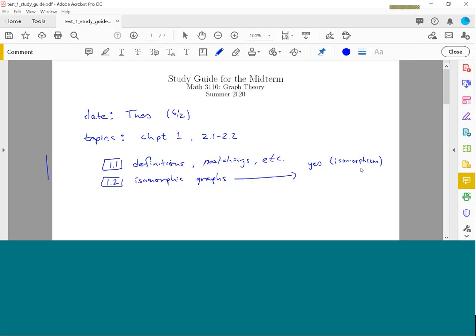If this is something where you need to input it into Canvas, you may be given part of the isomorphism or you have directions that say something like, if you have more than one choice between who you're going to match vertex 1 to, if it could be matched to either vertex A, B, or C, pick the one that's earlier in the alphabet, and that would be a way to make it so Canvas could grade these things. Okay? But I'll have all of that stuff in directions, so just make sure you read the directions if you run into an issue like that.